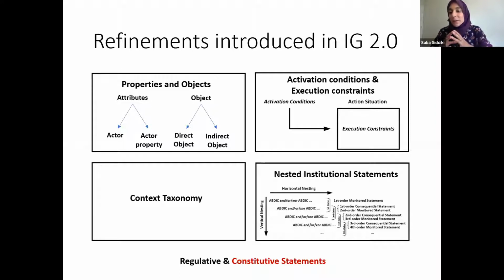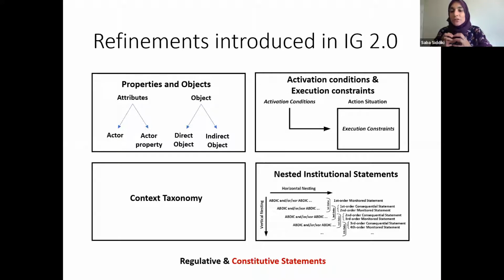From a syntactic perspective, the implication of this is we are now treating information that was previously placed in the object, the or else field, under the institutional grammar 1.0, if you will. We now identify this as its own kind of institutional statement that nests on a statement that contains A, B, D, I, C, or some combination of those components.